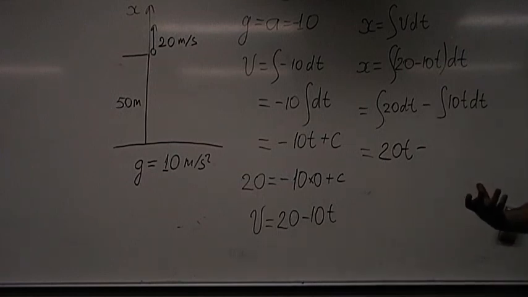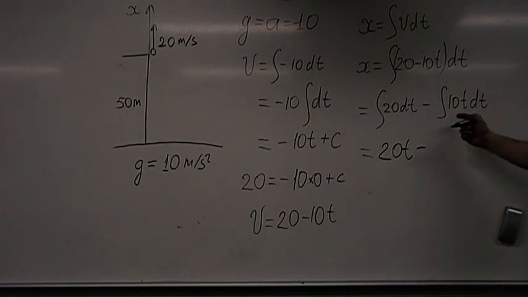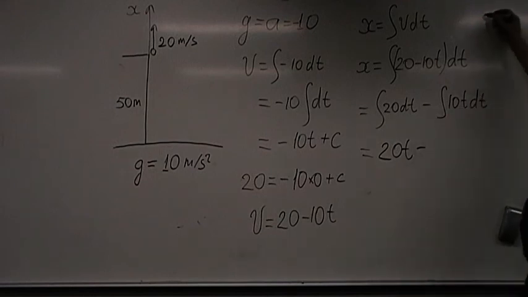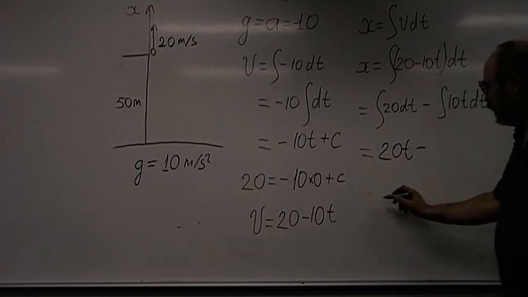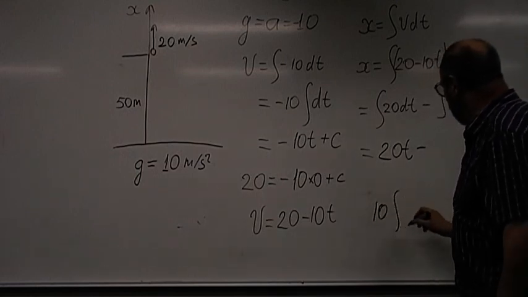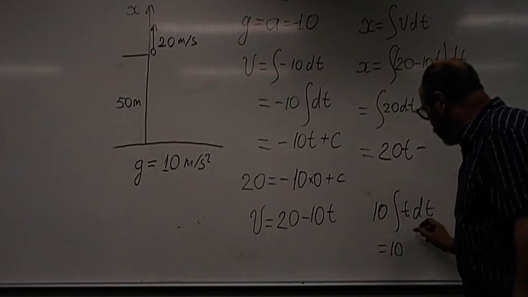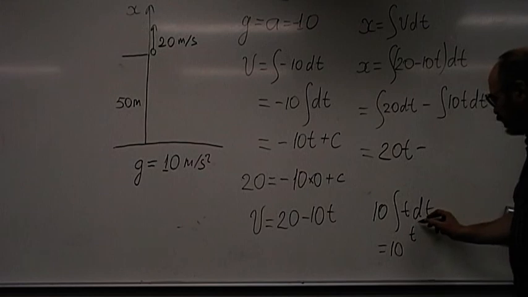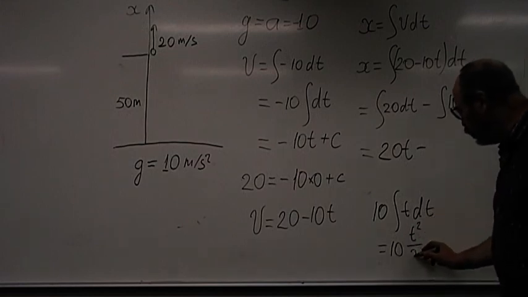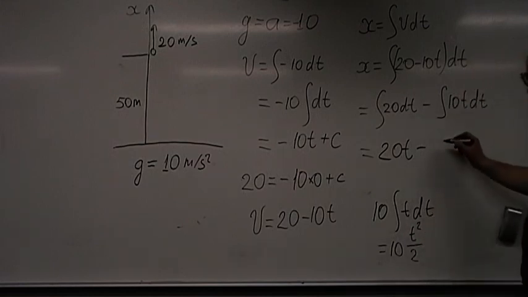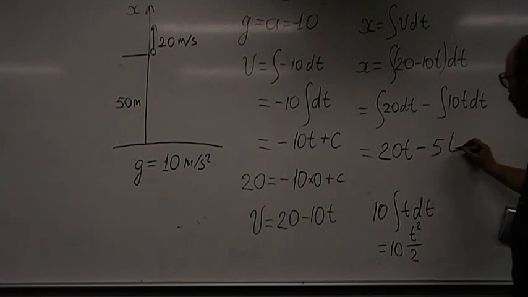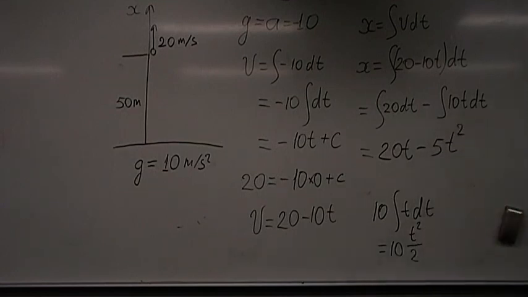For the second, we take 10 out and get 10 times the antiderivative of t to the power 1 dt, which is 10 times t squared over 2, which equals 5t squared, plus c.